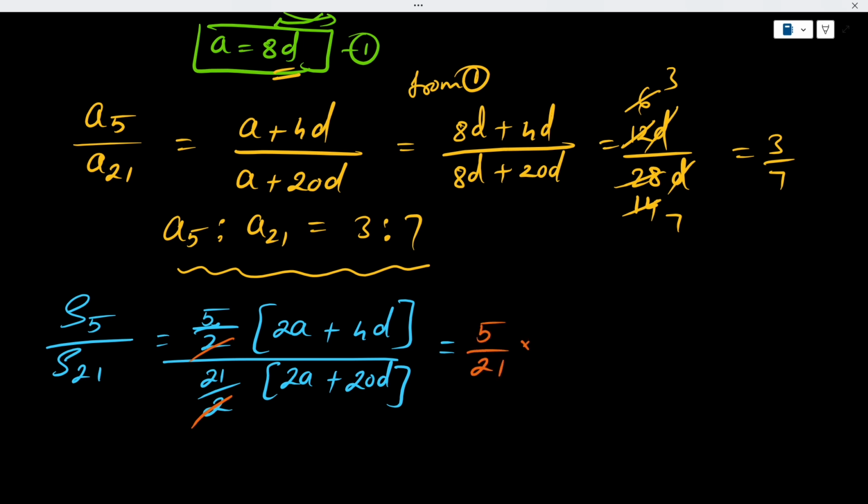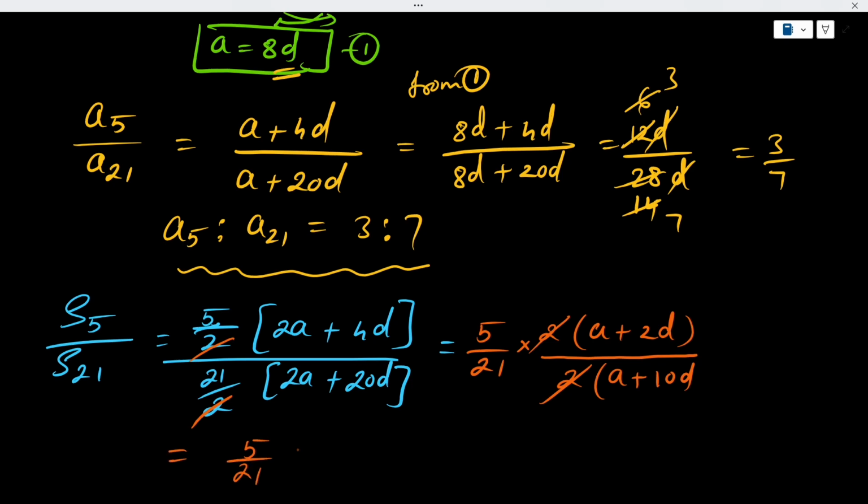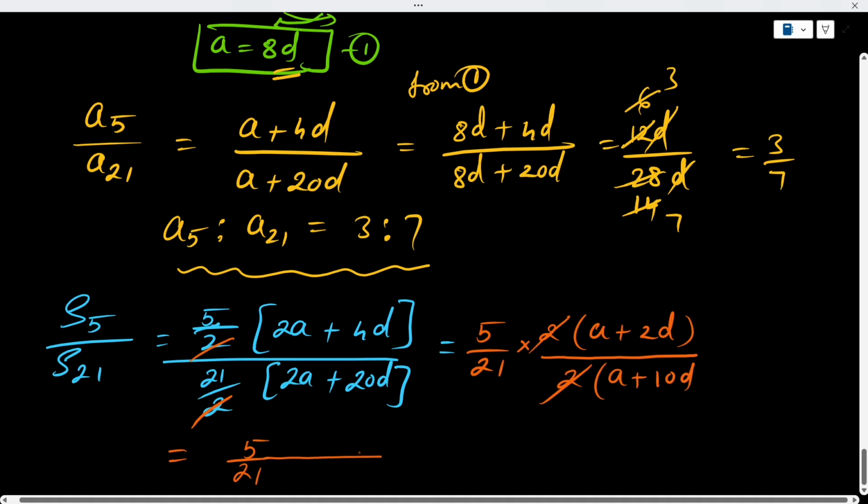From the numerator I can take 2 common. So it is a plus 2d, and in the denominator also I can take 2 common, a plus 10d. This gets cancelled. Now the a value also you have as 8d from the first relation, right? So 5 by 21, and in the numerator it will be 8d plus 2d, and in the denominator it will be 8d plus 10d, right?